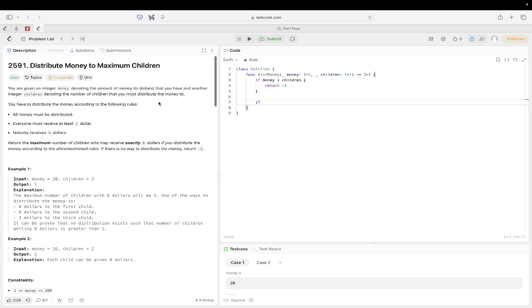If the money is more than 8, because we have to distribute all the money. So if we only have one child, if children is equal to 1, right?